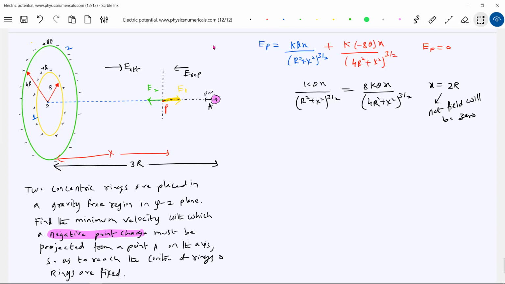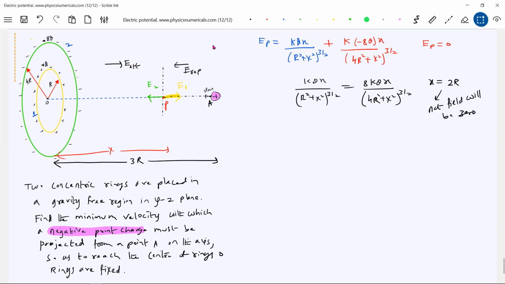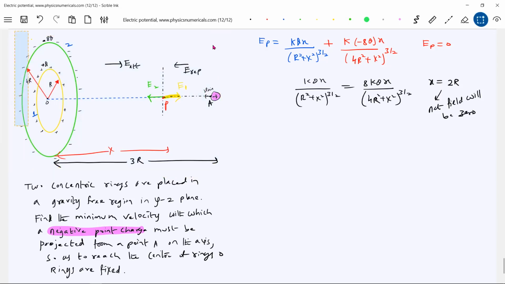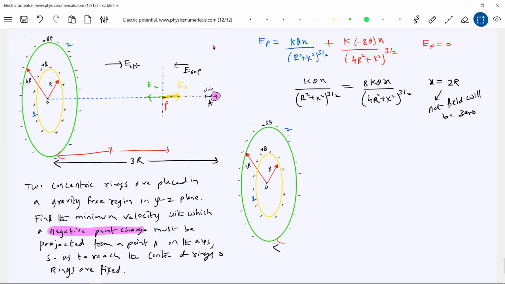Getting the idea? I think I'll explain through a diagram, because you may find it difficult; I'm trying to put everything in one diagram. I only need the rings. With a suitable diagram, let me explain. This is point P. If the charged particle is here, it will experience force in this direction.